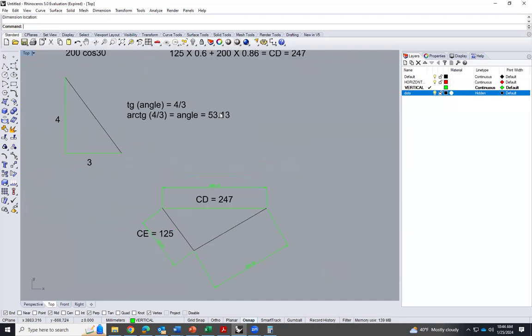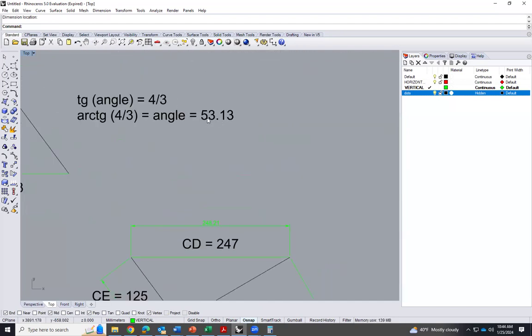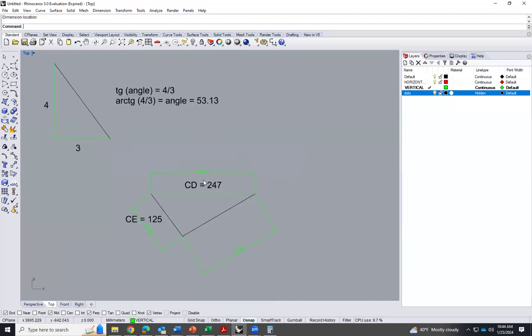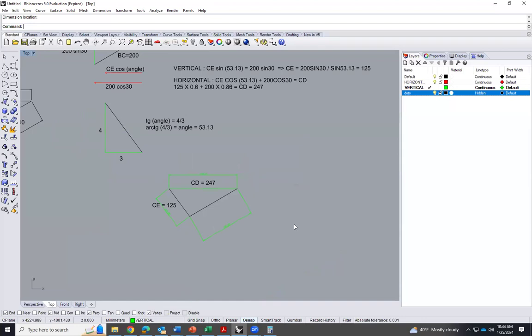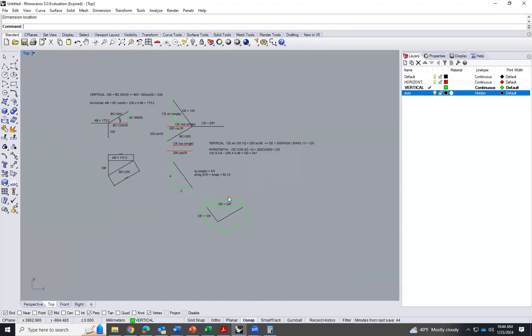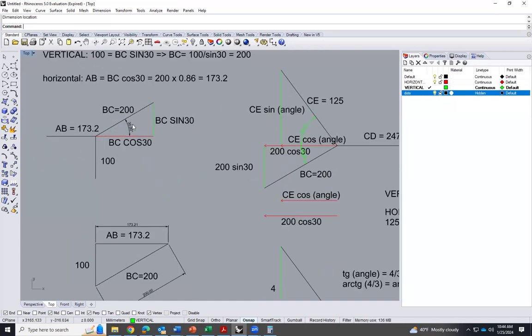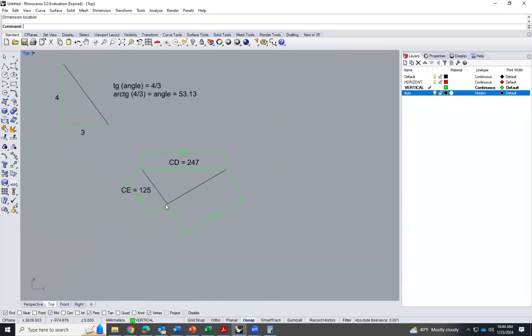So it depends on the angle and the decimals that we have taken to calculate this angle and the sine of this angle and the cosine of that angle. So that's why this can be slightly different, but that works. Okay, so we can always do this with maths using angles, sine, cosine, tangents, arctangents, or we can do this graphically.